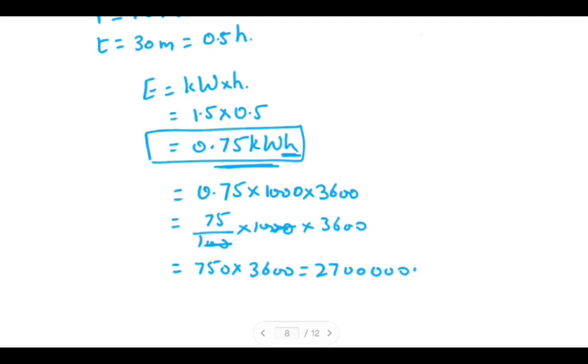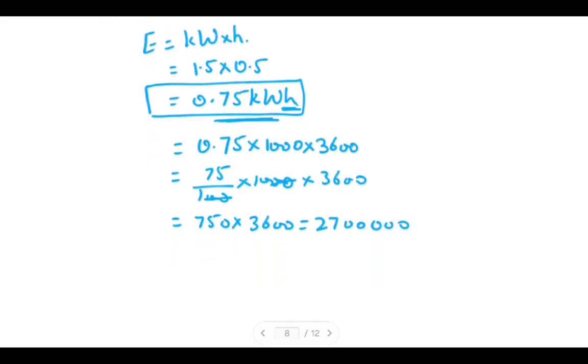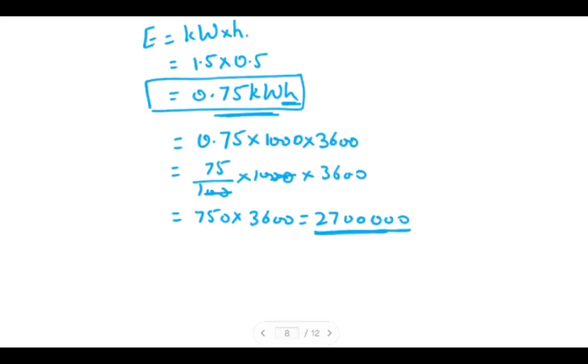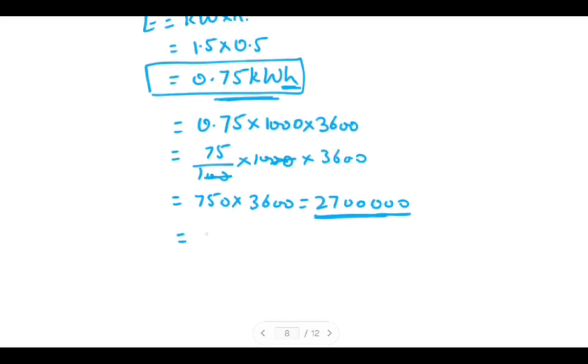1 2 3 4 5. All right, 5 zeros. Now, children, whenever you give out any answer, you cannot give it out with so many zeros. You will have to convert this whole answer into the standard form. I can write this as 27 into 100000.